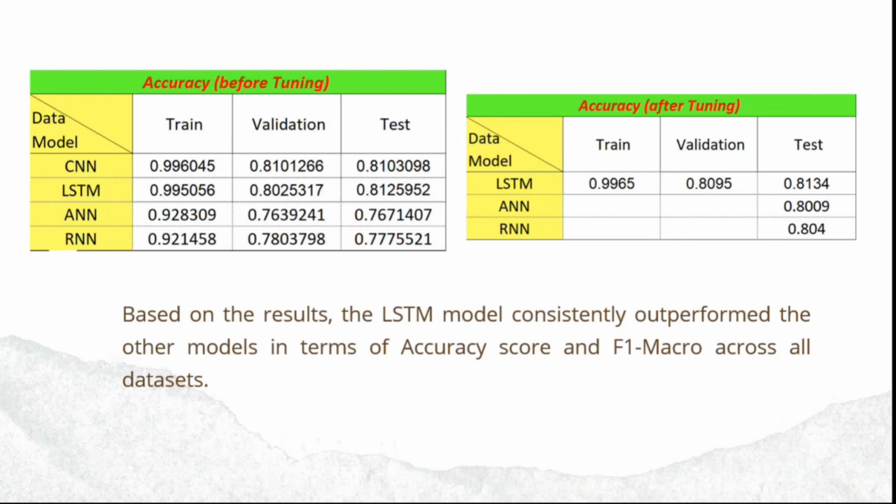The performance of these models was assessed using metrics such as accuracy and F1 macro score on the training, validation, and test datasets. And from the results, we can see that the LSTM model consistently outperformed the other models in terms of accuracy and F1 macro across all datasets.